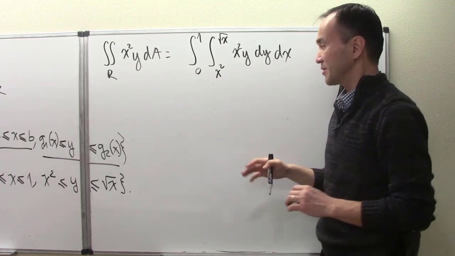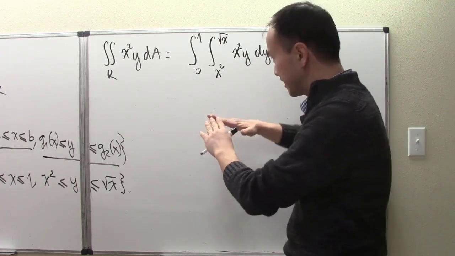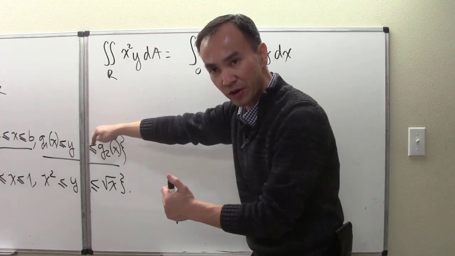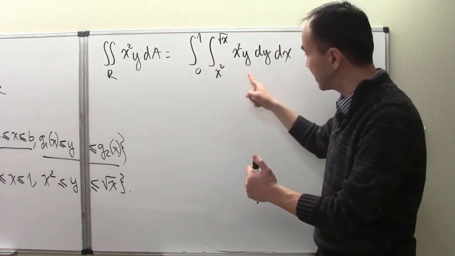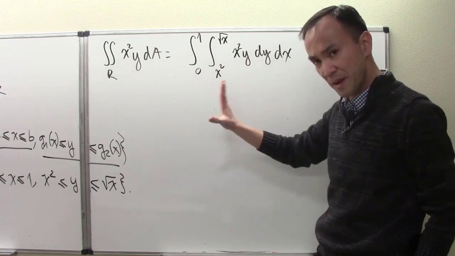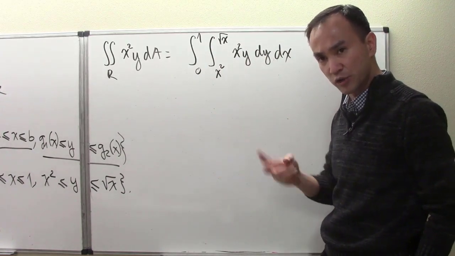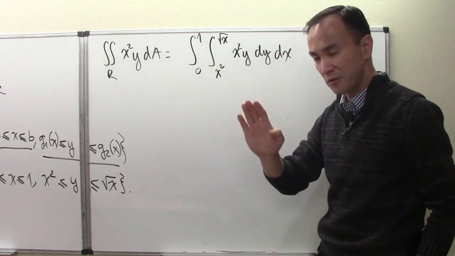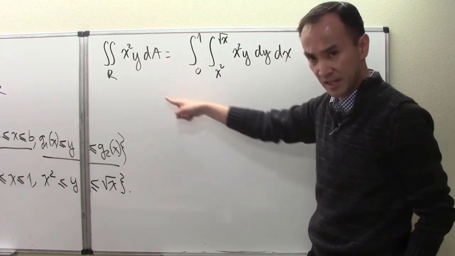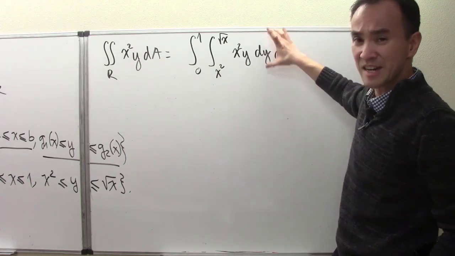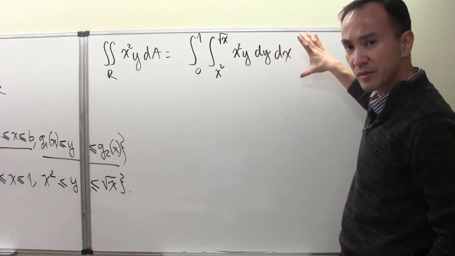The inequality that we recognize here drove us into this particular iterated integral, because we remember when we learned about iterated integrals, there are two different ways we can set them up. But in this case, we are driven into this specific case where we're integrating in terms of y first, and after that in terms of x.